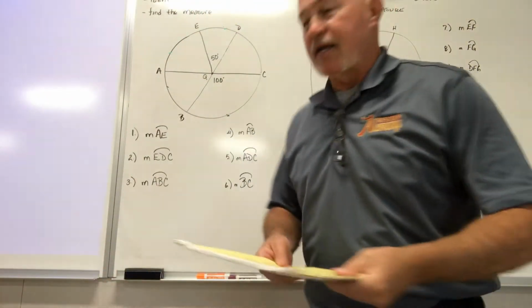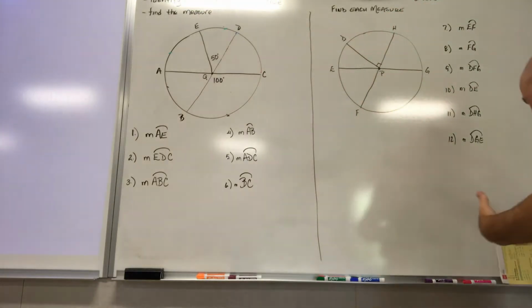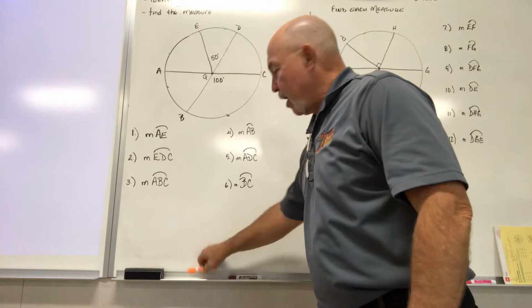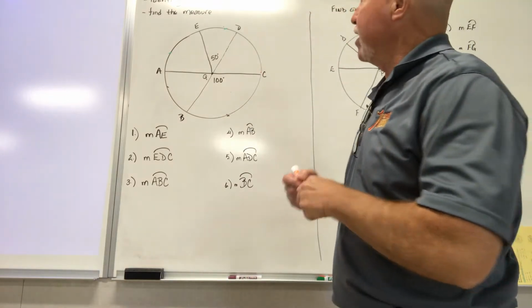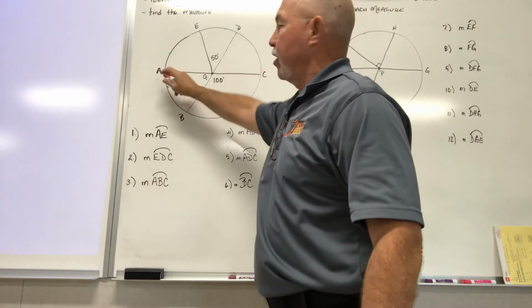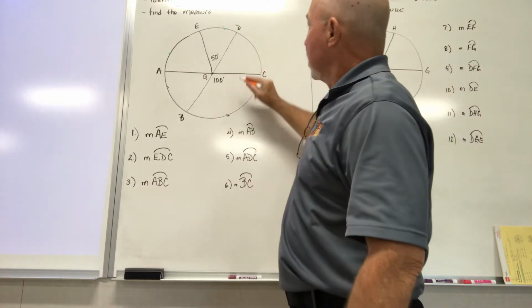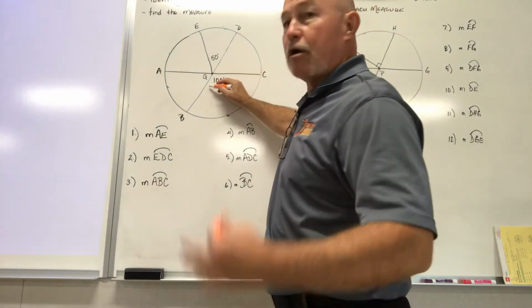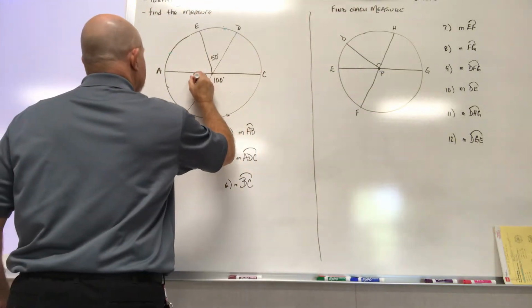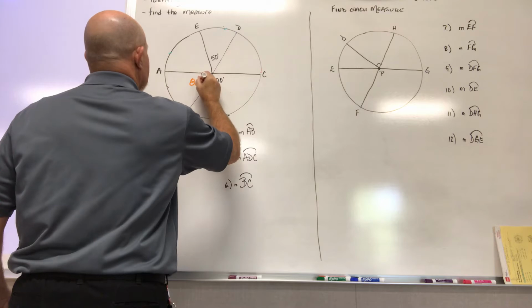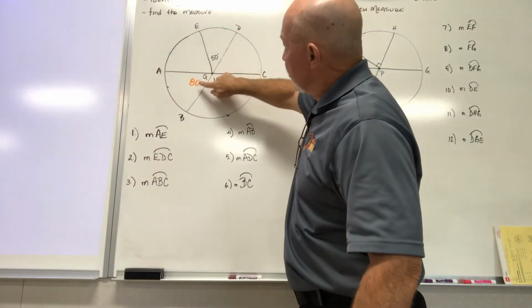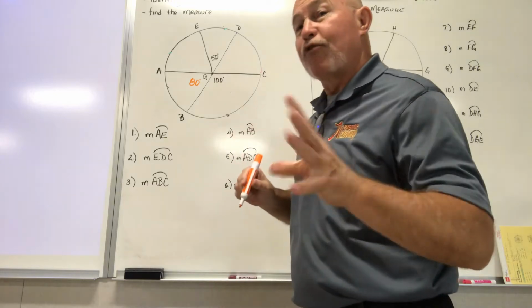Okay, I'm going to tell you right now, in my opinion, it's best to go through and put the measures in already. Okay, I have a half circle there. Okay, so that means I've got 100 here. 180 minus 100 is 80 degrees. Okay, here's the key. This angle and this angle are vertical angles.